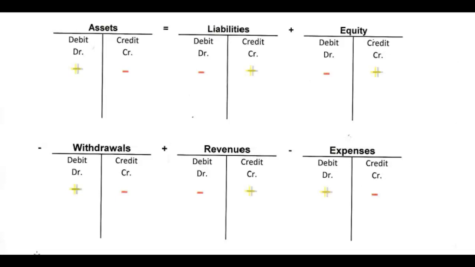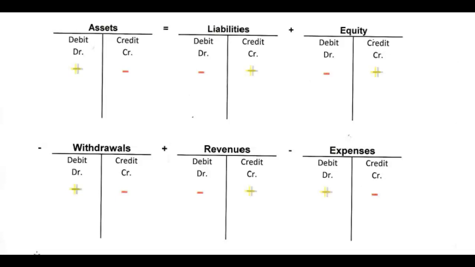In accounting equations like that algebraic equation, remember in algebra, the left-hand side had to balance the right-hand side. Same here in accounting. And so we see the assets equal the liabilities plus the equity. And how's it changed? Minus the withdrawals, plus the revenues, minus the expenses.